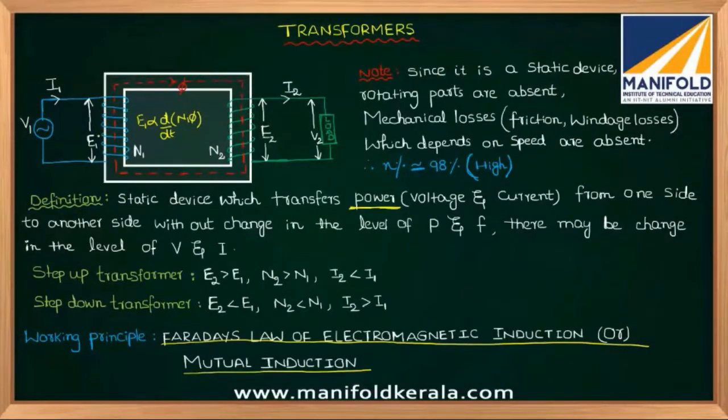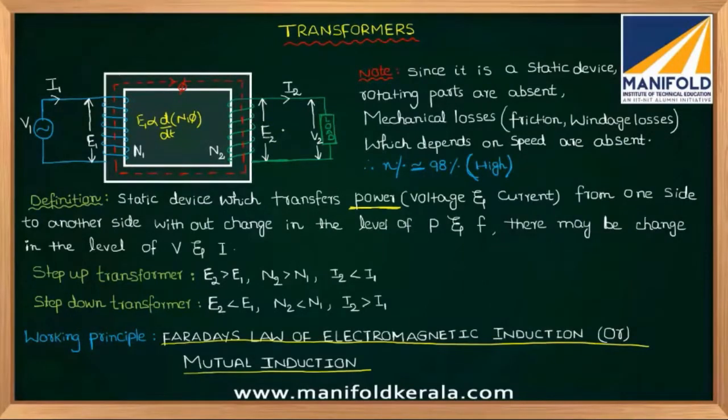Because I'm discussing the primary side, the number of turns is N1, and N phi is the flux linkage. The rate of change of flux linkage is there because phi is time varying, so EMF is induced here. The same flux goes from the primary side to the secondary side and links with the secondary winding also. Here also, rate of change of flux linkage is happening.